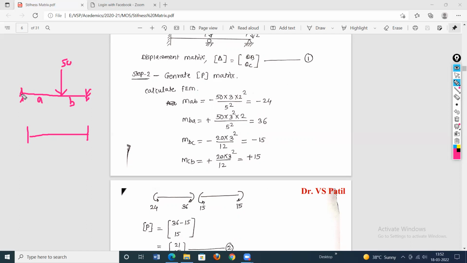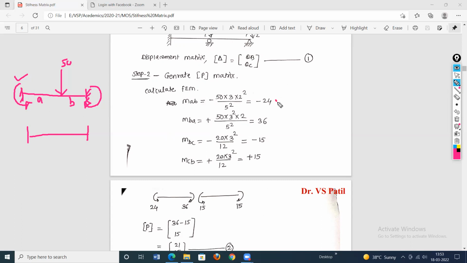Then what is this fixed moment? That is M AB. This fixed moment is of hogging nature, and the fixed moment here is also hogging nature, acting from the bottom. Now what is the formula to calculate this moment?